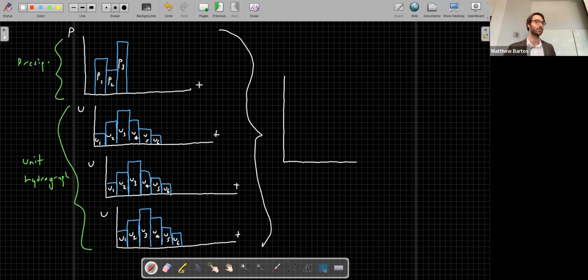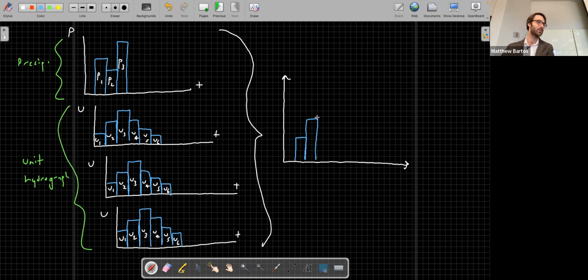So basically what we're doing with convolution, okay, we take this U here, and we take each of these U's and we scale it by P1. Okay, so we'll end up with something that looks like this. Let's make it a little taller because P1 is kind of big.